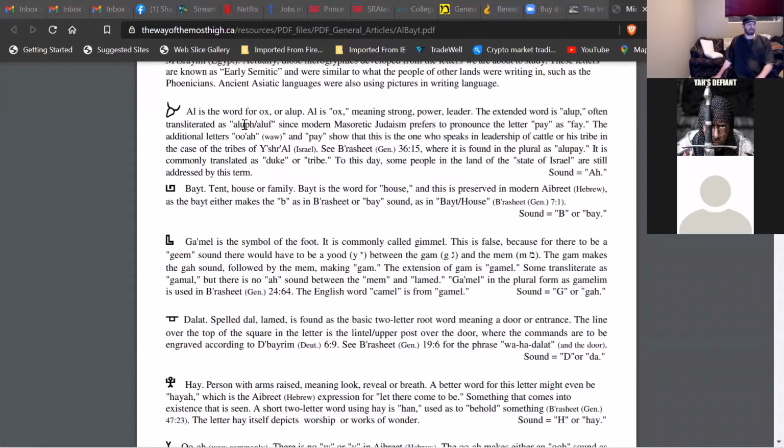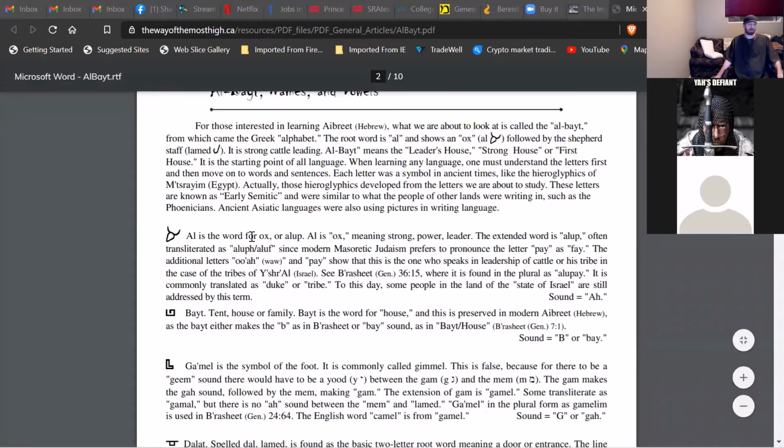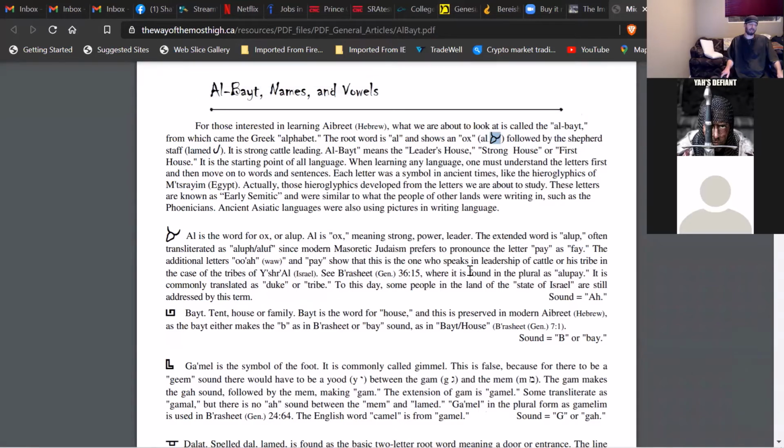So starting with the letter Al. Al is made up of two letters, the letter Al and also the letter Lamed. And this is basically the ox, which we know is used for offerings or worship.